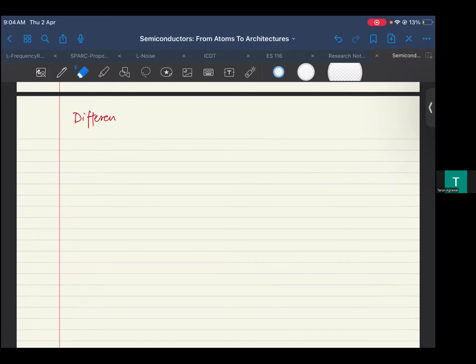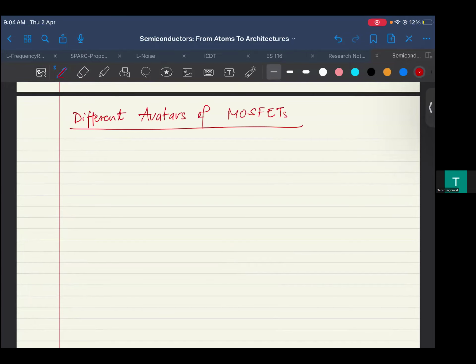We see that sometimes they are originating from different avatars, or various avatars, of your MOSFET, right? So that is what we are going to talk about today, so that you can see that one device, I would not say simple, but one device with different variations, can result in so many different functionalities.